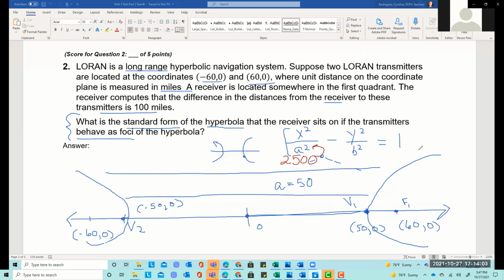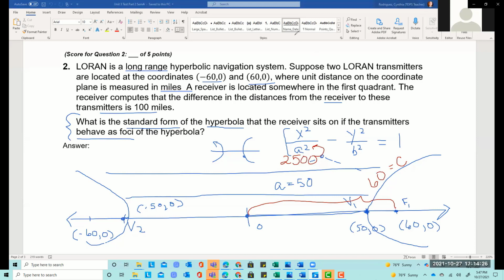Now, what's the distance from 0 to 60? Is that B? That's actually C. Yeah, that was C. So we're going to have to calculate what B is.